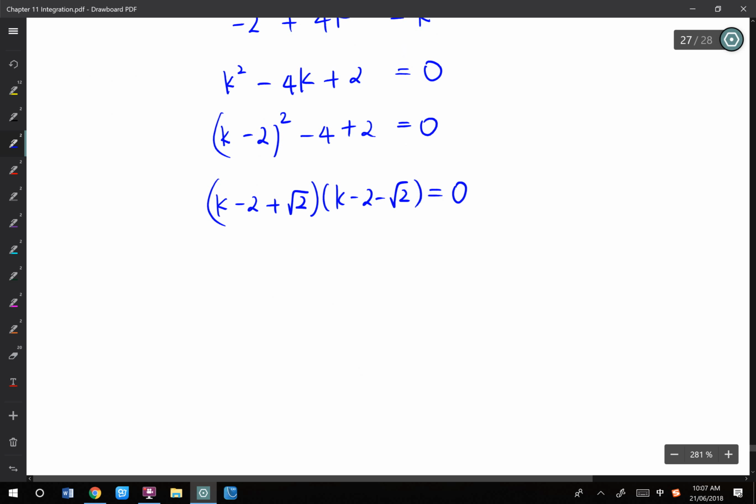Okay, I can factorize, or you can use the quadratic formula, same thing. So k equals 2 minus root 2, or k equals 2 plus root 2. Can I take both answers? Yes.